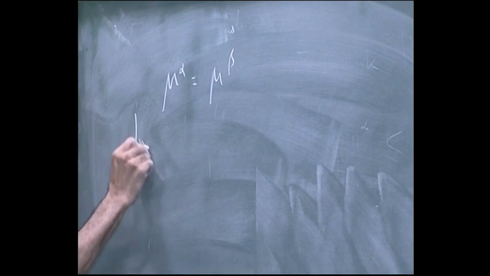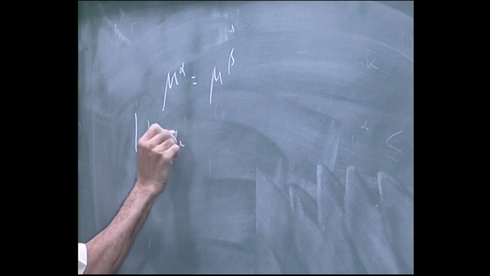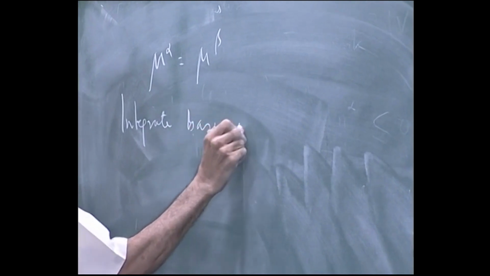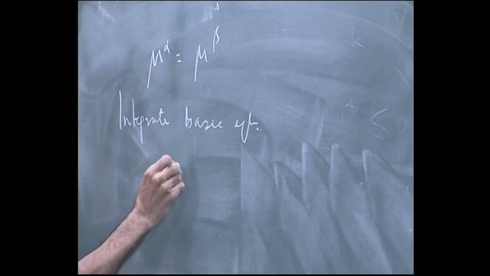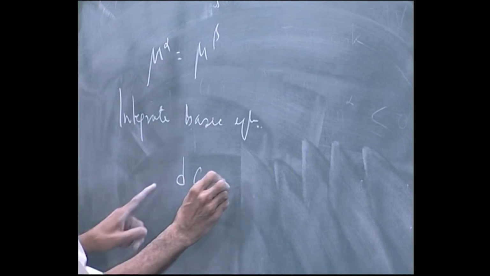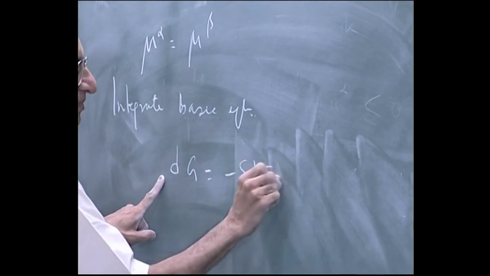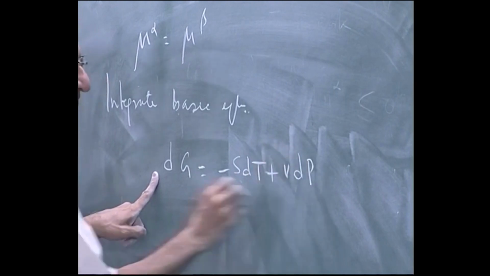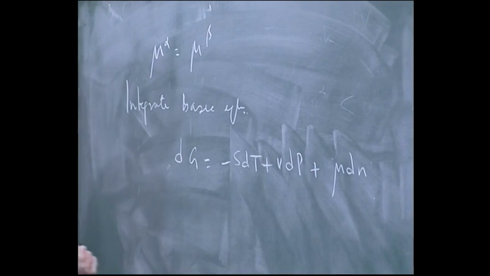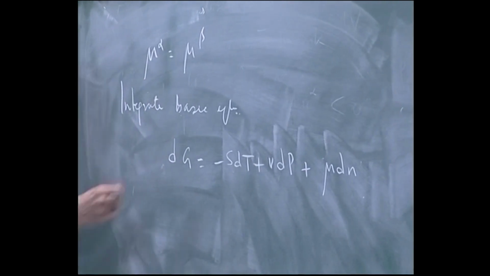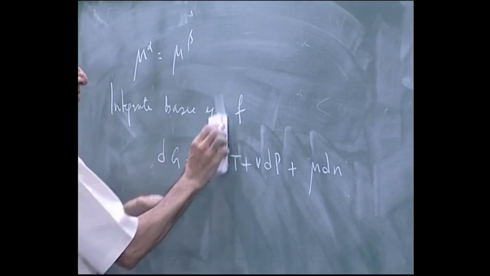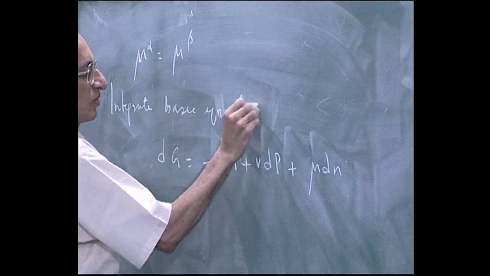Then let me also integrate the basic equations, and again this is very typical of thermodynamics. In particular I will take this equation, this is the most convenient equation for most purposes. You can do this with any of the equations that you have in thermodynamics. So I am writing the basic equation for an open system.